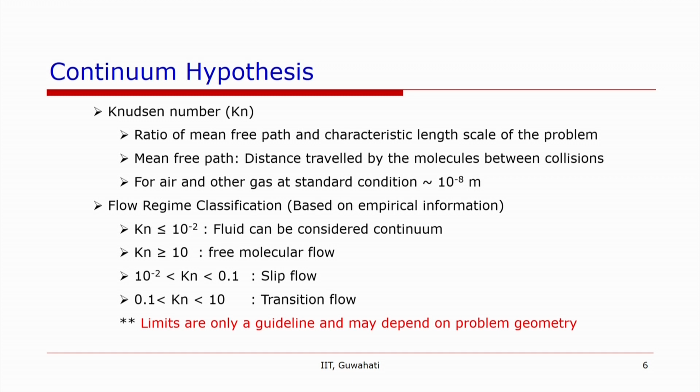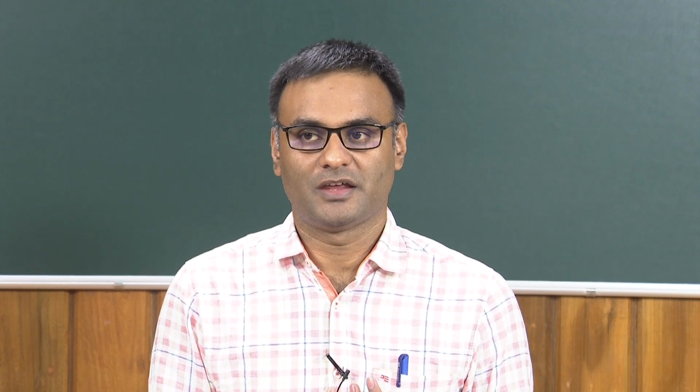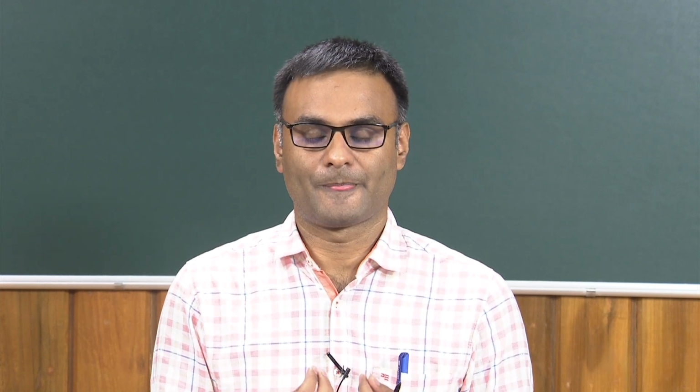For those who do not remember what mean free path is, the mean free path is the distance traveled by the molecules between collisions. The molecules of a fluid are moving continuously in the fluid, they have thermal fluctuations, and because of that they will collide with each other very frequently.